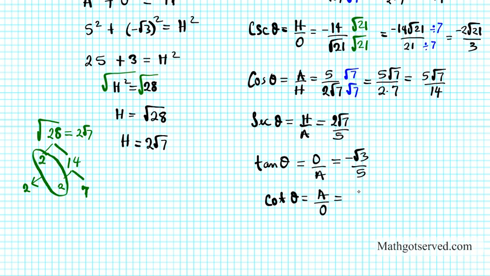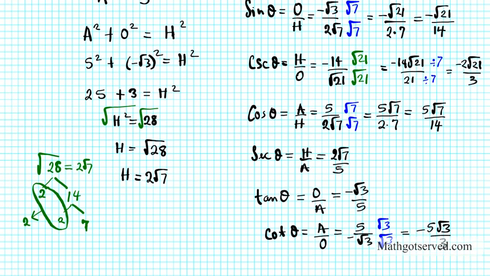So if I do adjacent over opposite, I'll have 5 over negative root 3. We can't have a square root in the denominator, so rationalize the denominator with root 3 over root 3. So our final answer is going to be negative 5 root 3 over 3, because root 3 times root 3 is just 3. Okay, so there goes all your answers.